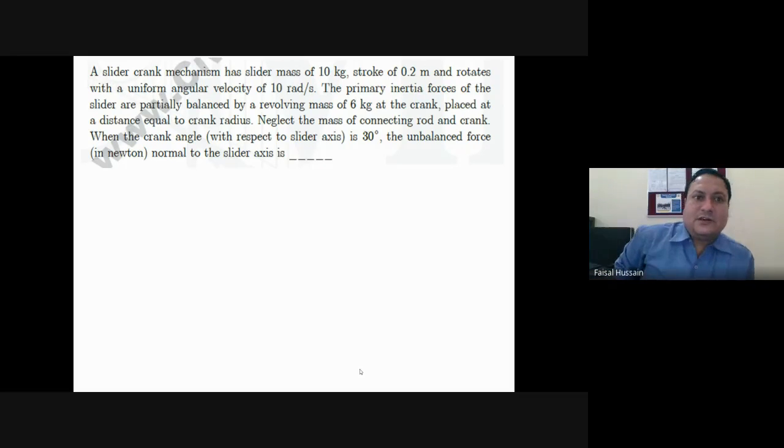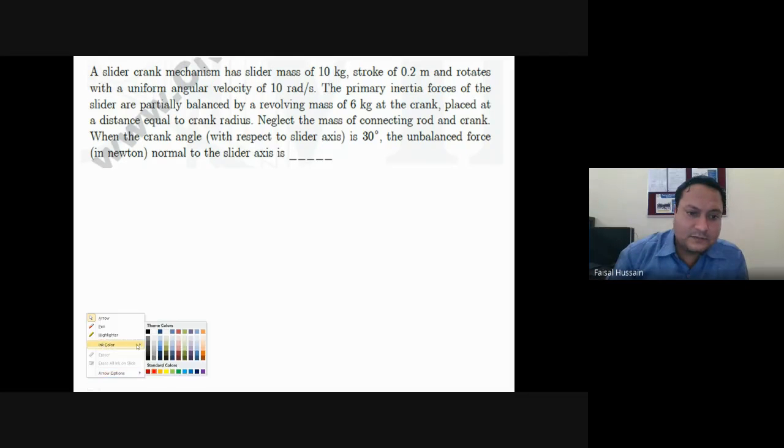The primary inertia forces of the slider are partially balanced by a revolving mass of 6 kg at the crank, placed at a distance equal to the crank radius. Neglect the mass of connecting rod and crank. Then when the crank angle is 30 degree, the unbalanced force normal to the slider axis is how much? So first of all, what we will do? We will draw the diagram.